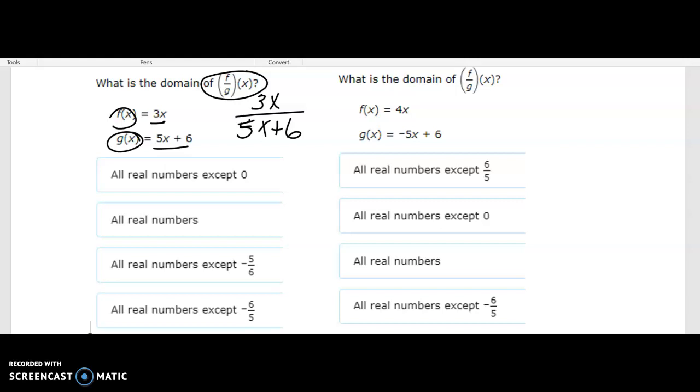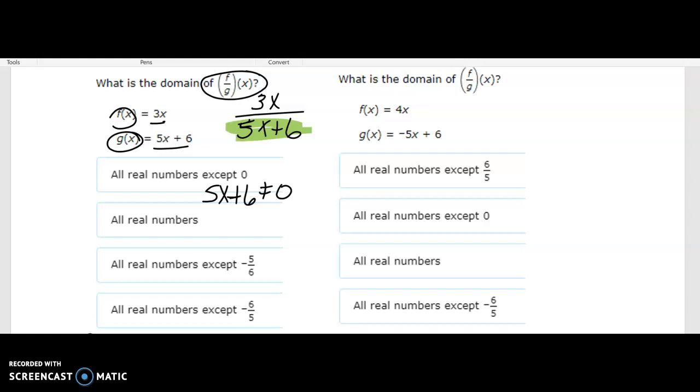And sometimes there's an existing x that would make the bottom 0, and you can't have the bottom be 0, so we can't allow x to be that number. So whatever the bottom is, we're going to write it down and say it cannot equal 0.